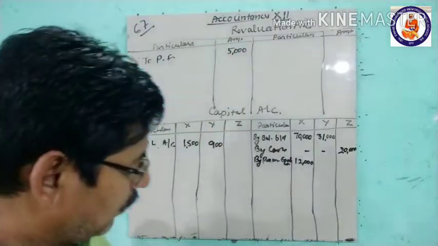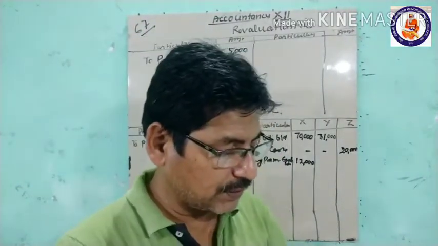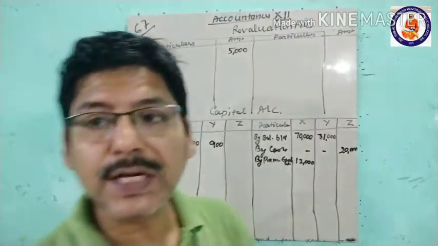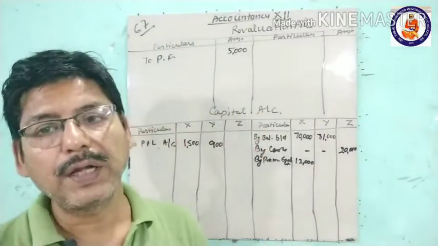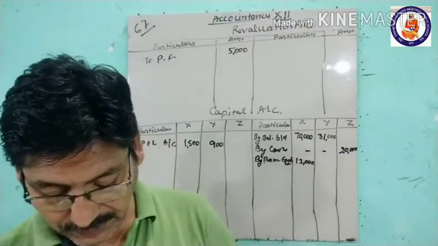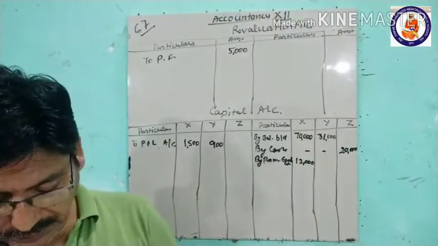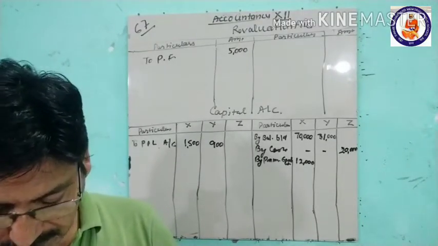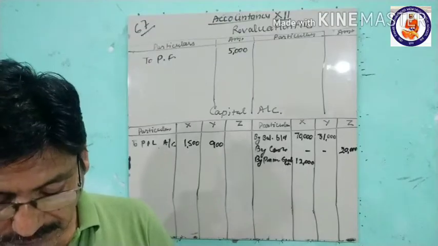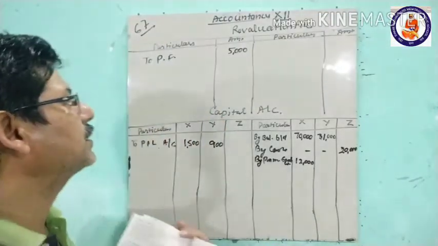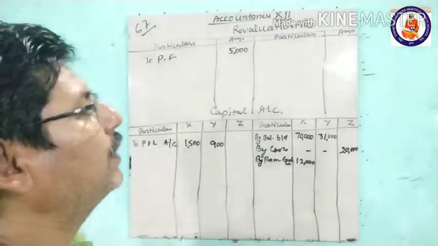Then comes all debtors are good, therefore no provision is required on debtors. So provision was made 600 rupees. Now this will be removed. So 600 it is now, means debtors are increasing. So debtors account debit are increased by 600. So provision for debtors account debit to revaluation account.